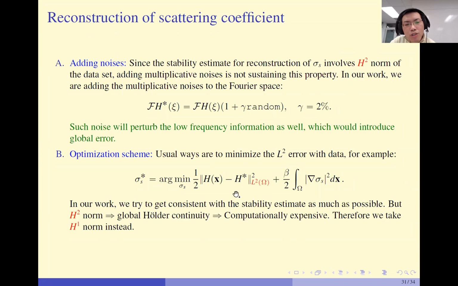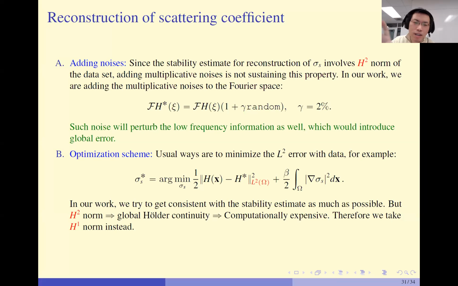Ideally, we should use the H2 norm, but the H2 norm means that for two dimensions, the solution needs to have some kind of Hilbert continuity, and if we solve that using a finite element method, it will be very expensive.